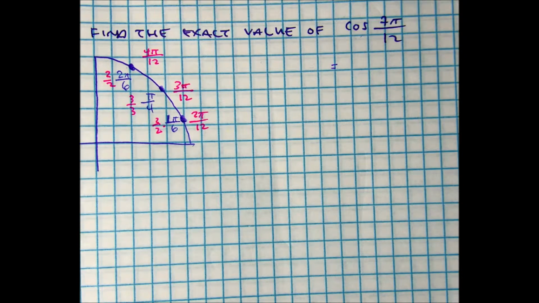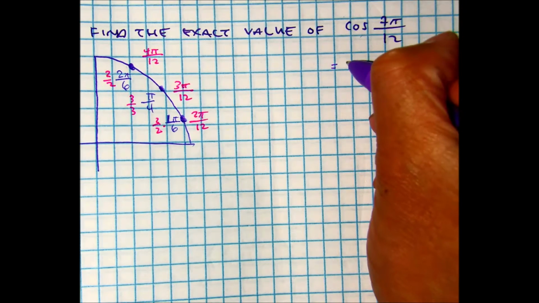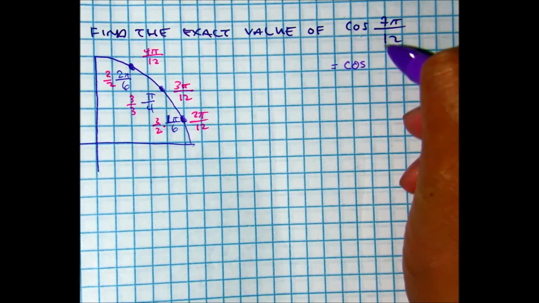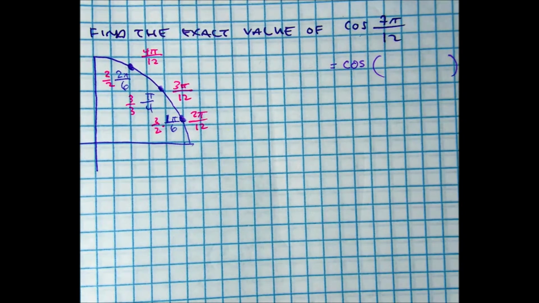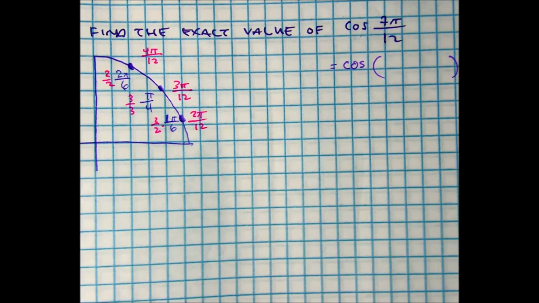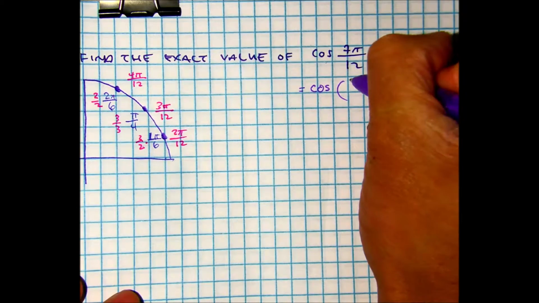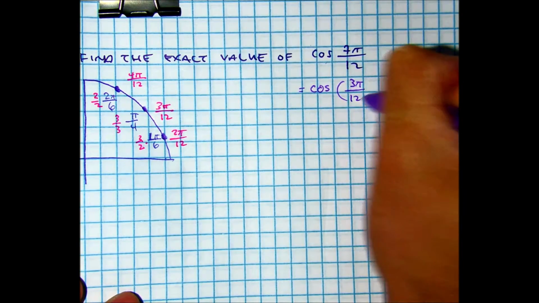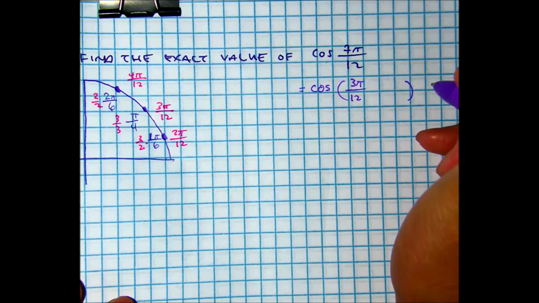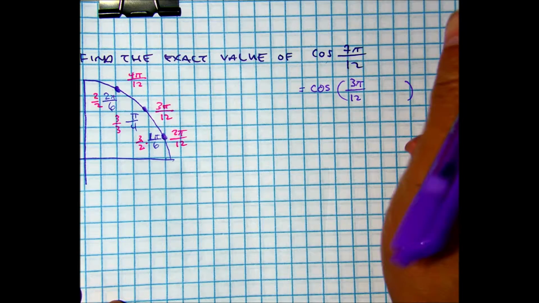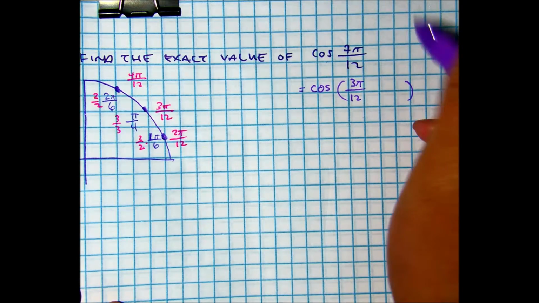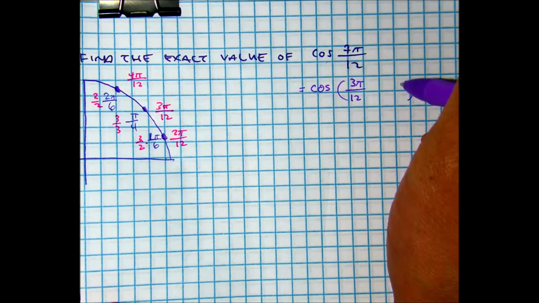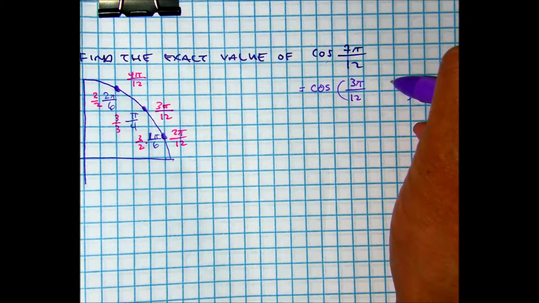Gustavo, which ones can I use? So 3 pi over 12 and if I put 2 pi over 12, are you going to add or subtract?